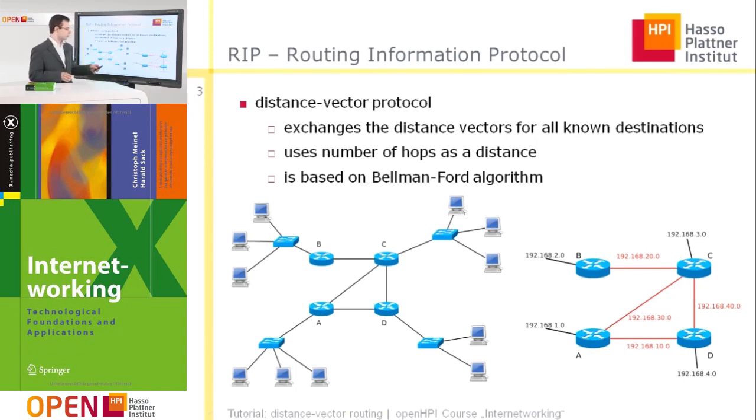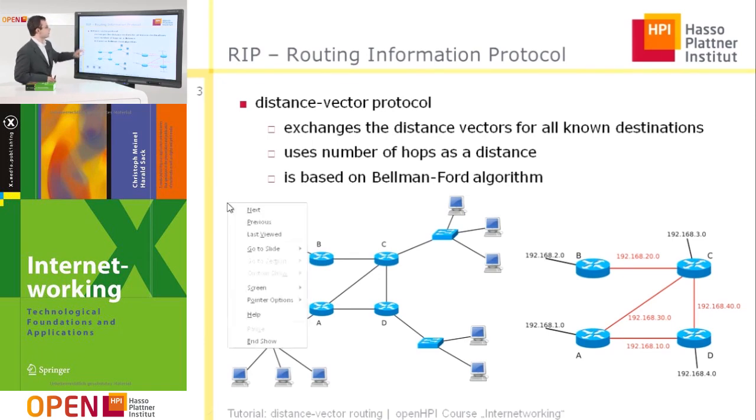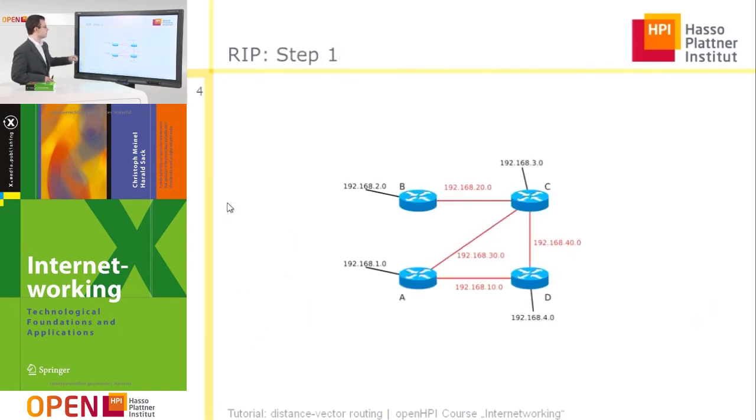Also, the routers have the networks to set up the connection between each other. These are the networks 192.168.10.0, 20.0, 30.0, and 40.0. So let's see how it works on this example.